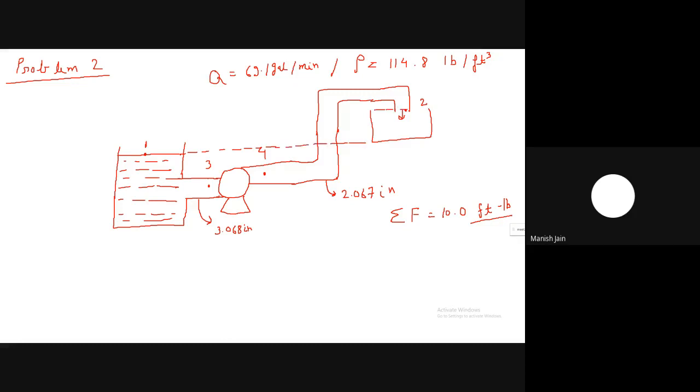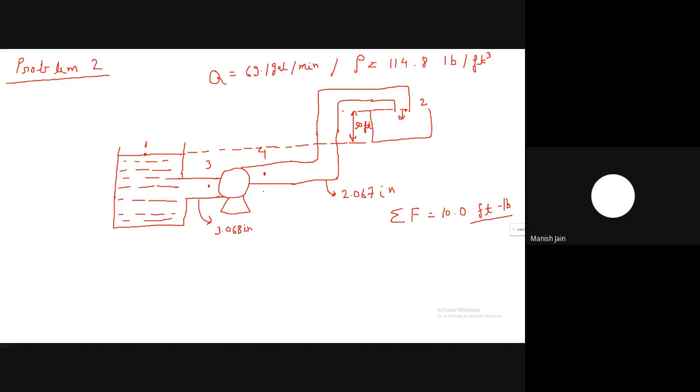Now the difference in elevation between point 1 and point 2 is given as 50 feet. Now the efficiency of the pump is given. Basically, what is the purpose of a pump? A pump converts electrical energy to mechanical energy.